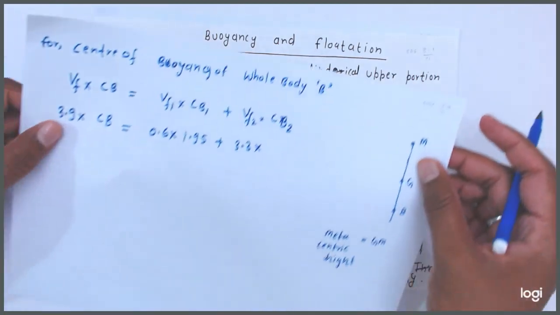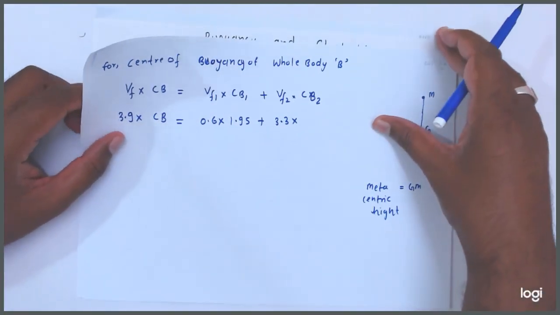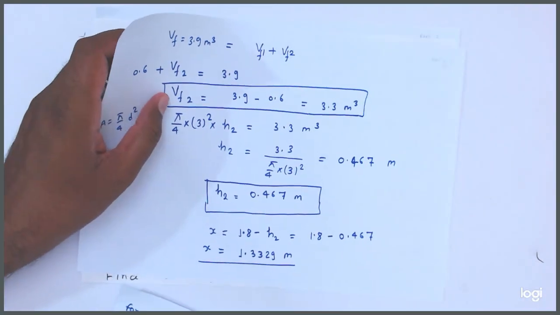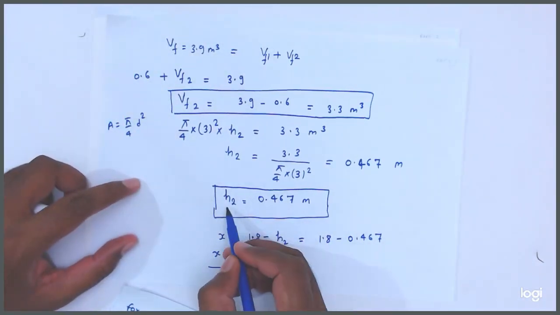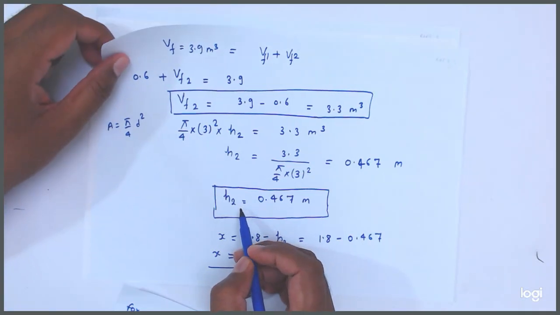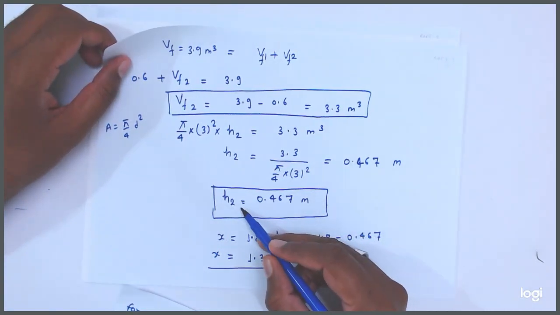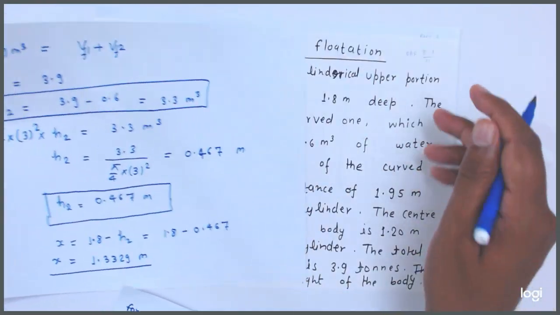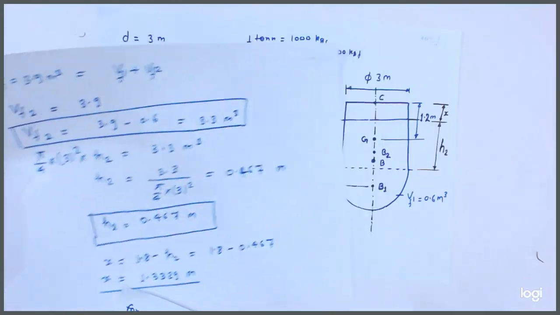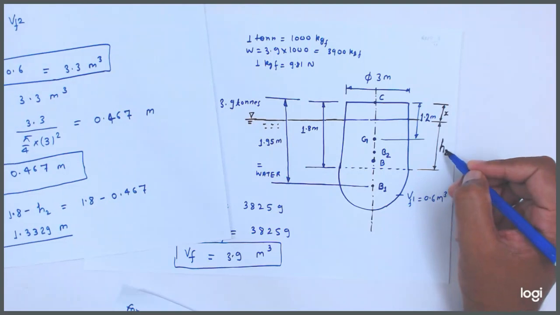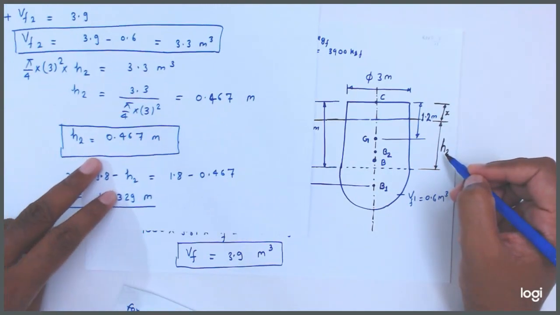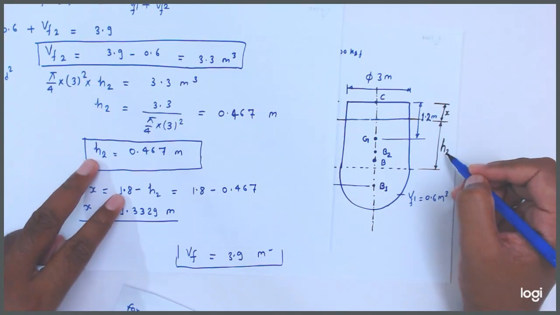Friends, let's understand here. So here it is not given. We know, friends, that the value has already been calculated. This is the volume of fluid displaced, correct? This is the height of the fluid displaced. It means this is the H2 value, which has already been calculated.